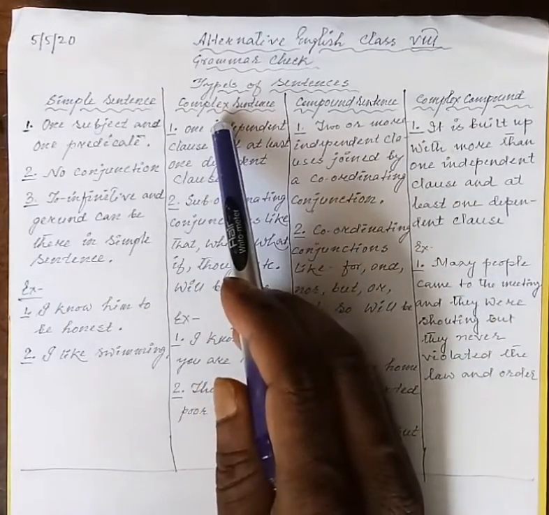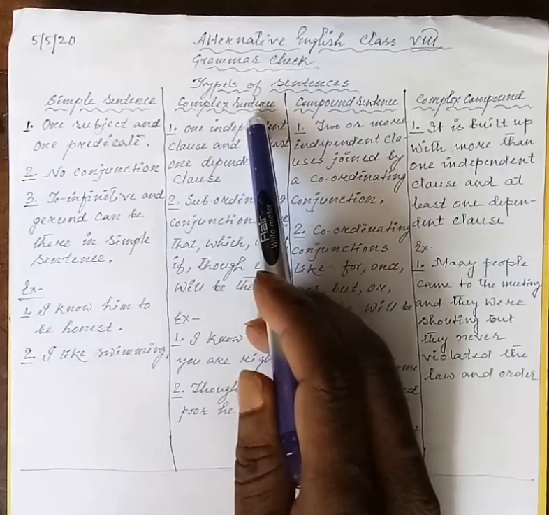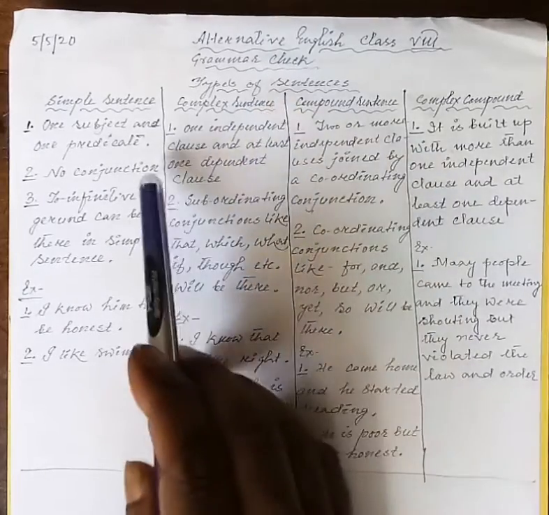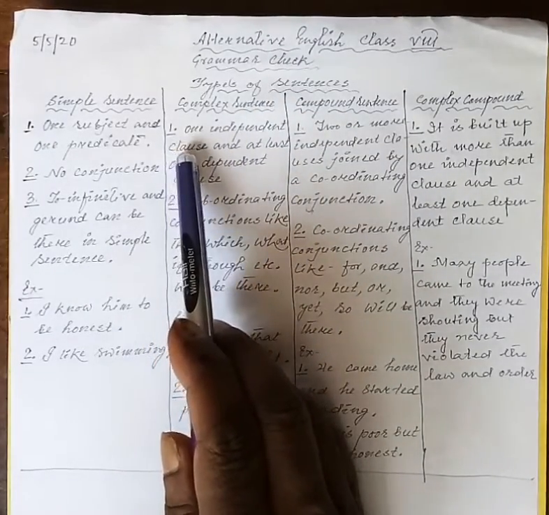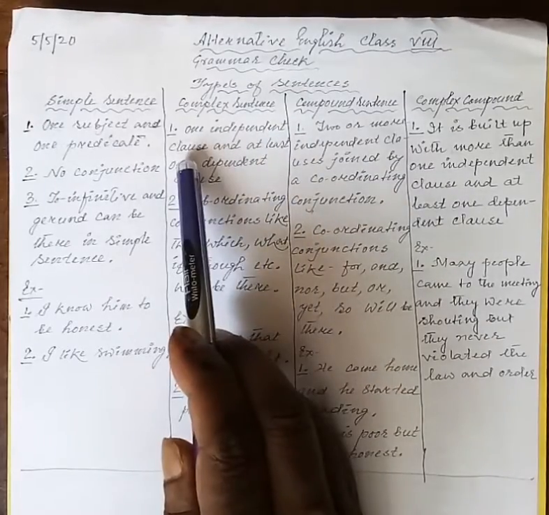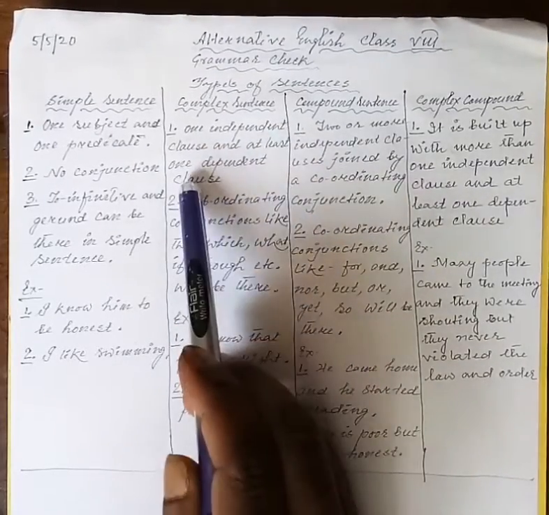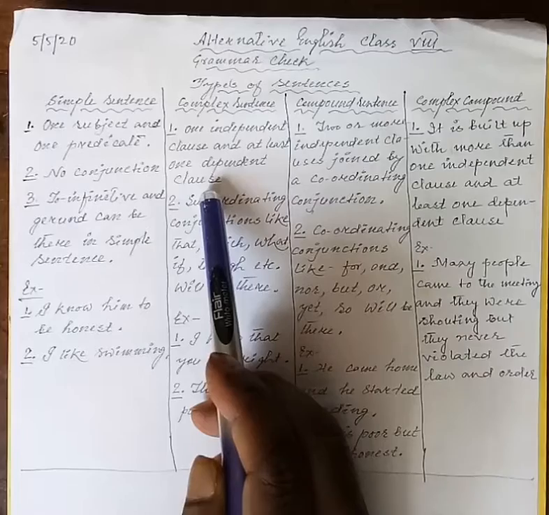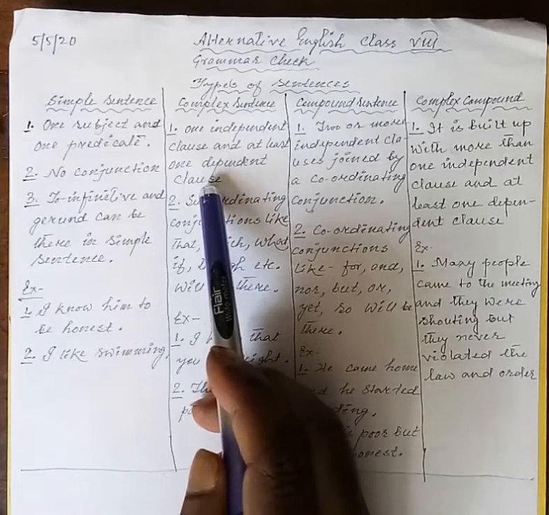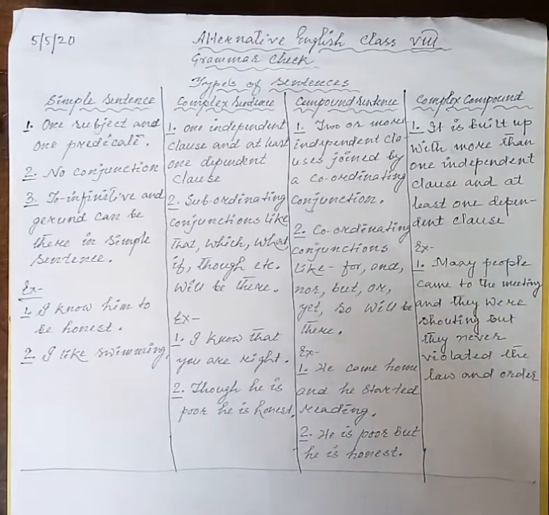Now I am turning on to complex sentence. The first point I have written here: one independent clause and at least one dependent clause will be there. Independent means that it can make sense without the help of any other clause.